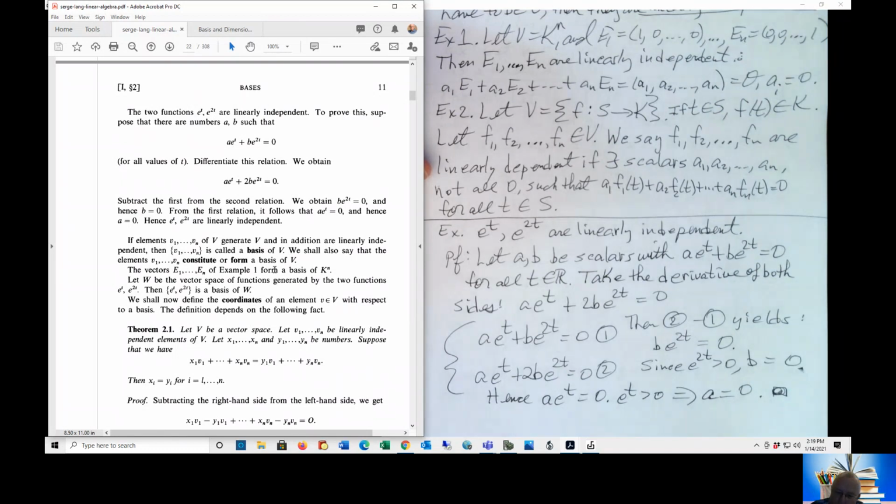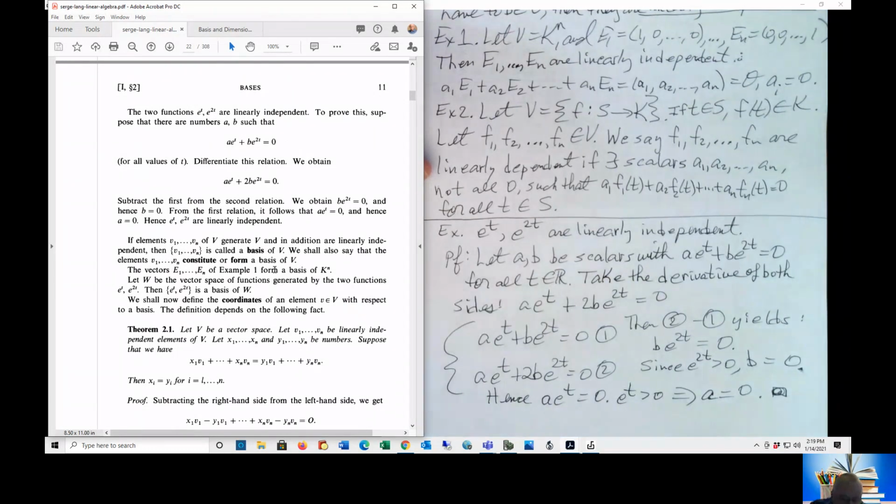But remember that e to the t or e to the 2t is non-zero for all t. So that means that b has to be 0, and hence a must also be 0. So we find that those two functions are linearly independent.